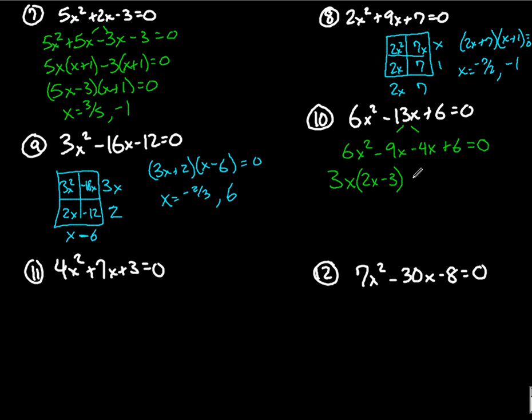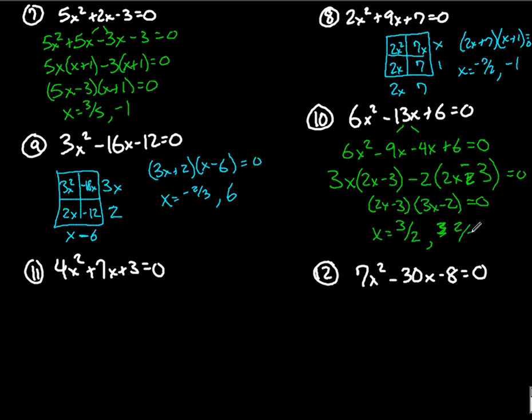I need to get the same thing, so I'll pull out the minus 2 and have a 2x, not plus anymore, it's minus 3 for my second one. My two terms are 2x minus 3, what I pulled out, and 3x minus 2, what was left behind, or I said that backwards. Okay, that means that x will equal a positive 3 over 2, and I'll also have a positive 2 over 3 as my two answers.